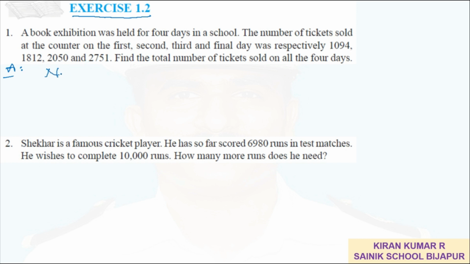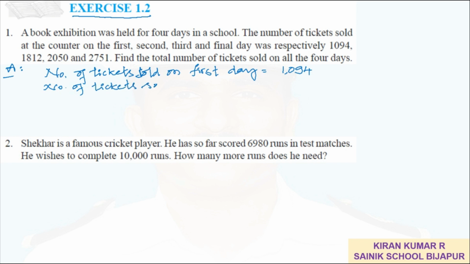They have given the number of tickets sold on the first day as 1094. Number of tickets sold on the second day is given as 1812.